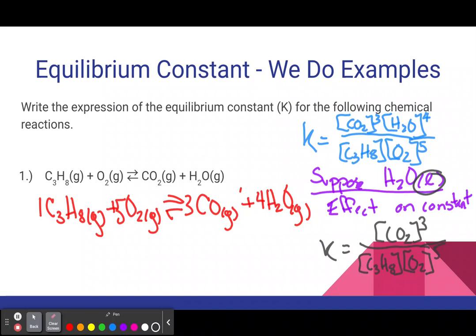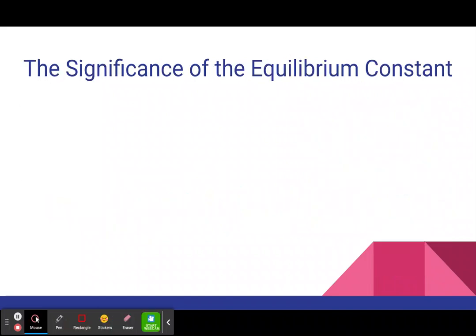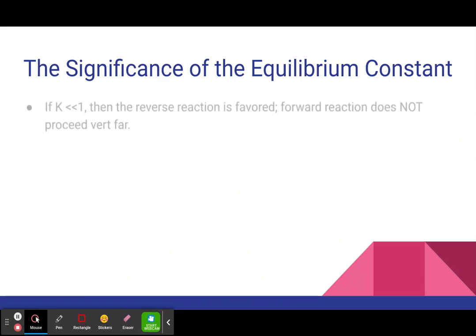Let's continue on. All right, the significance of the equilibrium constant. When the equilibrium constant is much, much less than 1, the reverse reaction is favored, which means the forward reaction does not proceed very far.